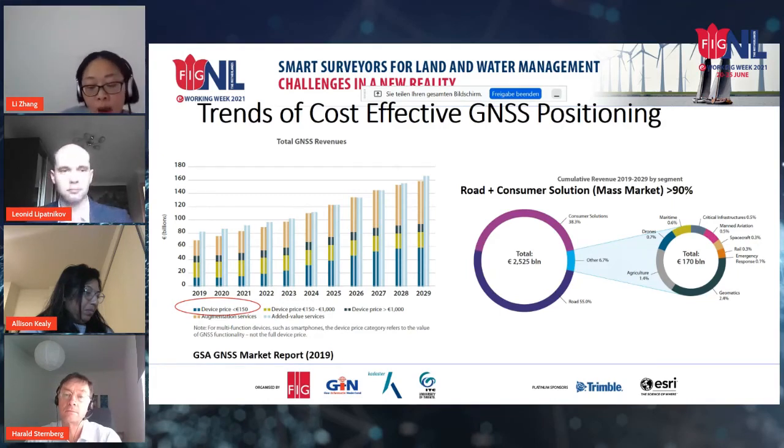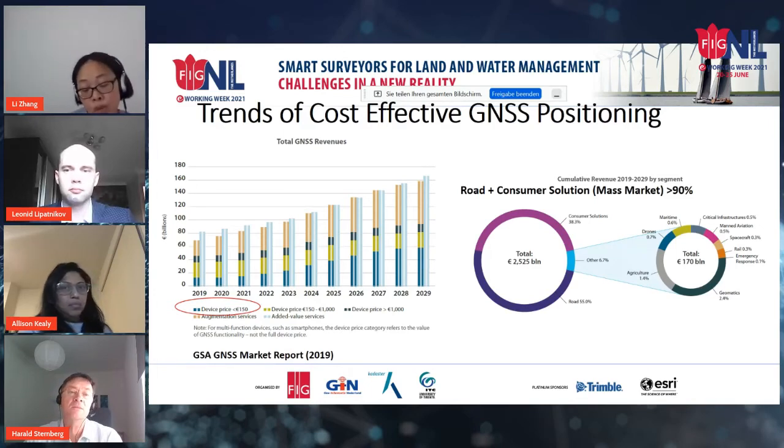In combination, they are more than 19% of the market. The revenue in the road segment is mainly due to ADAS, the advanced driver assistance system, and automated driving. The consumer solution revenue mainly comes from smartphones using location-based services. So I think the future is really the mass market.